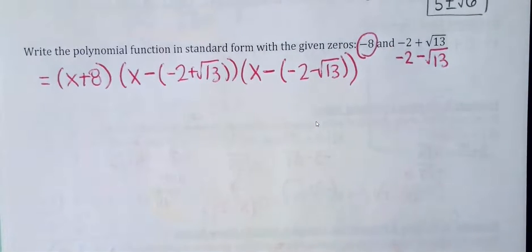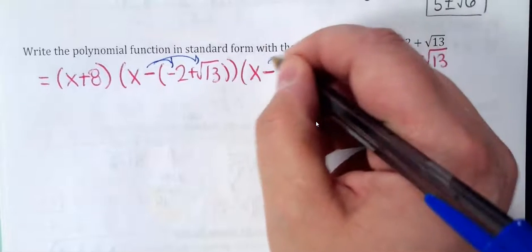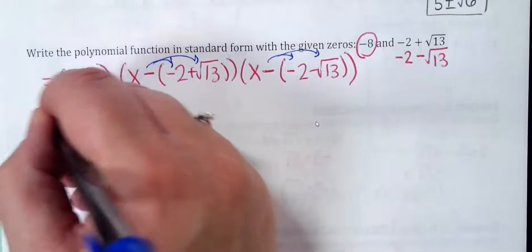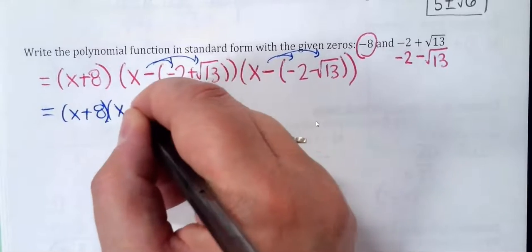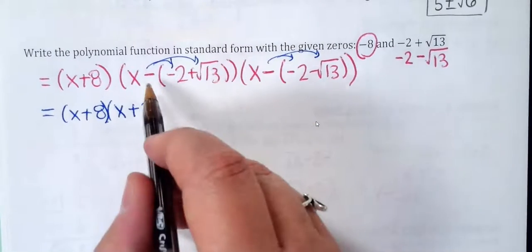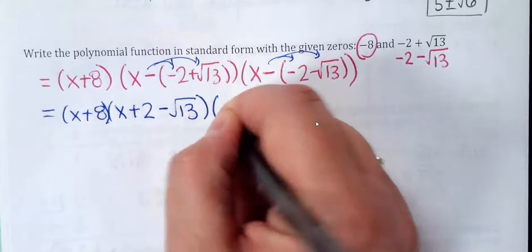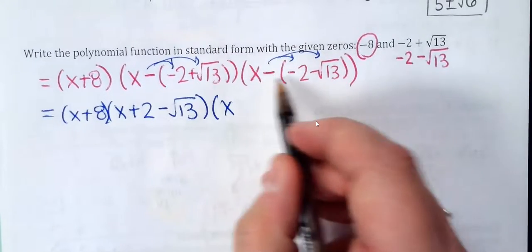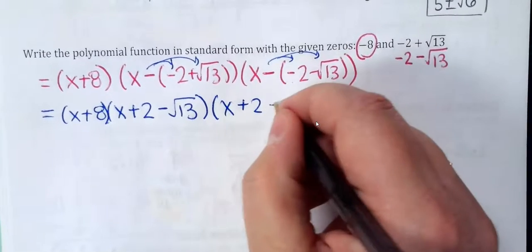Before you try to FOIL anything, just get rid of the extra set of parentheses that you've got in here. So this is going to be x plus 8, and then it's going to be x minus the negative is going to turn into plus 2, and then negative times that radical 13 is just going to make that negative radical 13. Again, minus the negative, this is going to be a plus 2, but this one is going to be plus radical 13.